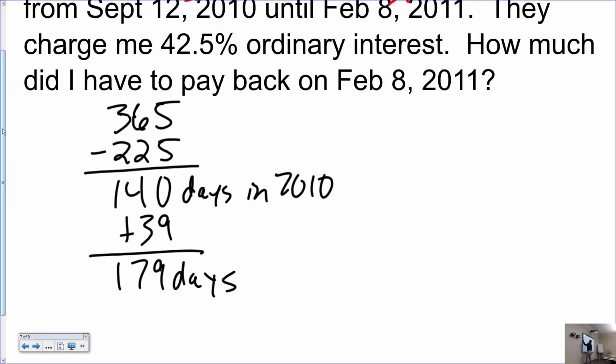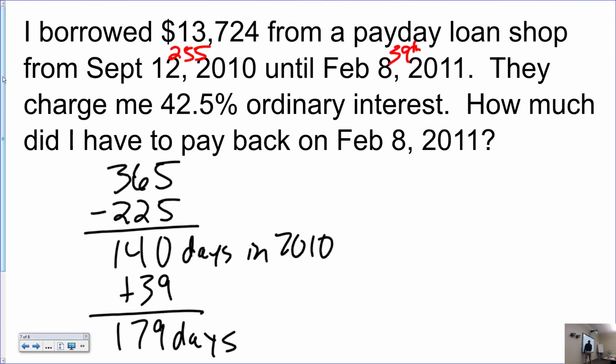Subtract 365 from the 255. Sorry, I wrote 225, your math's a little off there. 149 days. When you look up the numbers, make sure you write them down correctly. Okay. Don't be like me.